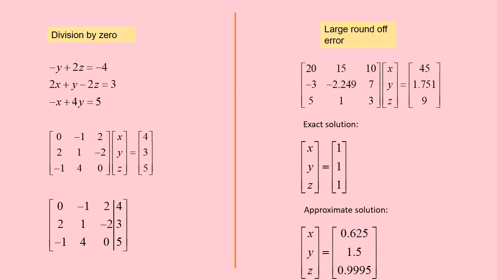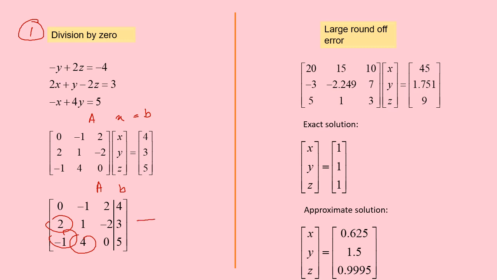Here are examples of pitfalls caused by the Gauss elimination method. So the first pitfall, division by zero. This is our system of linear equations and we transform it into our matrix form Ax equals B. Then we combine matrix A and B and we want to make these elements of matrix A into 0, to become an upper triangular matrix.